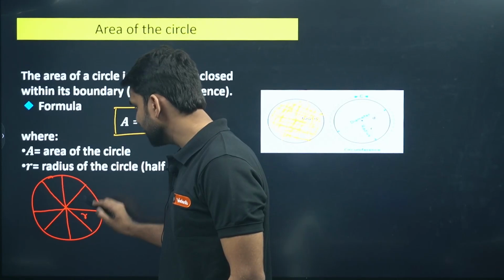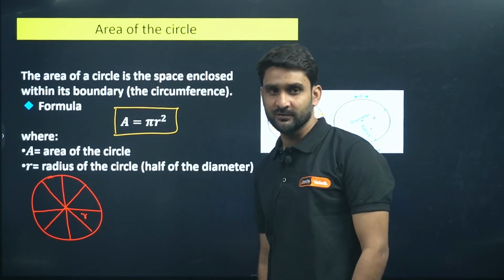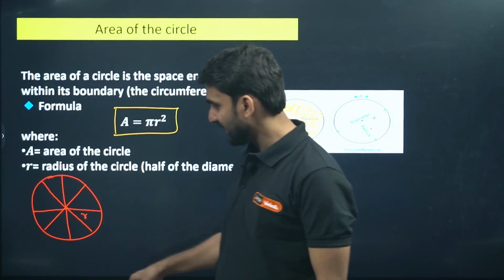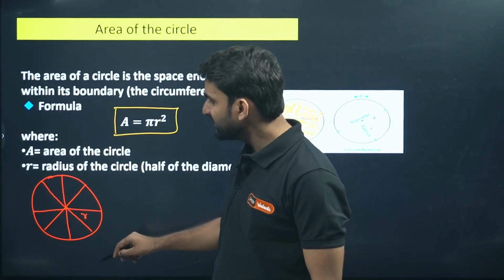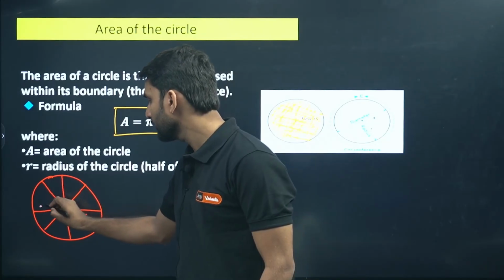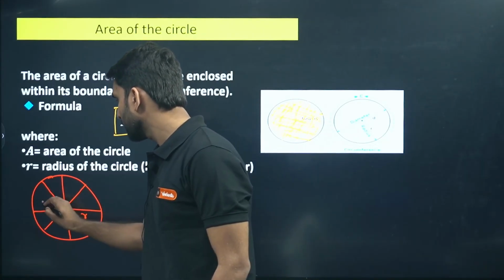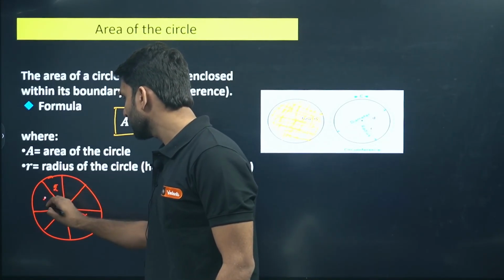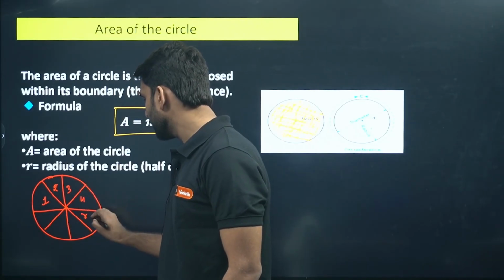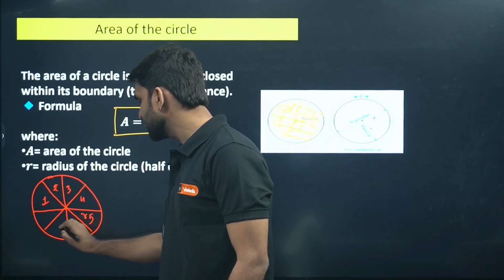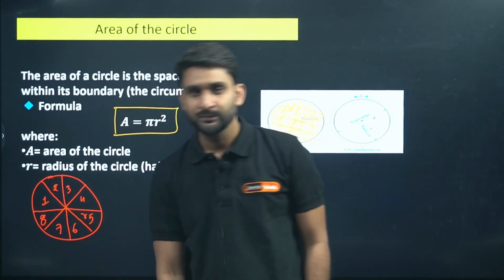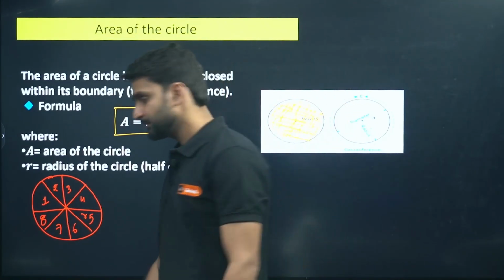Look, count and let me know how many parts of the circle there are. I divided this circle in the form of sectors, and how many sectors are there? 1, 2, 3, 4, 5, 6, 7 and 8 parts are there. So I divided this circle into 8 parts.